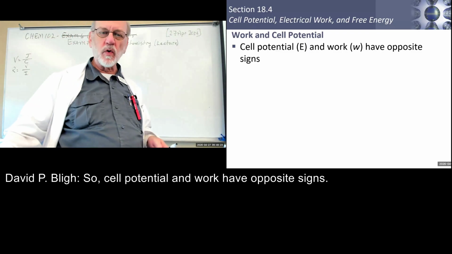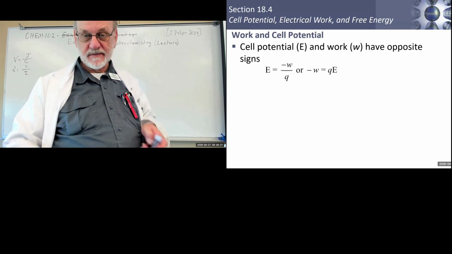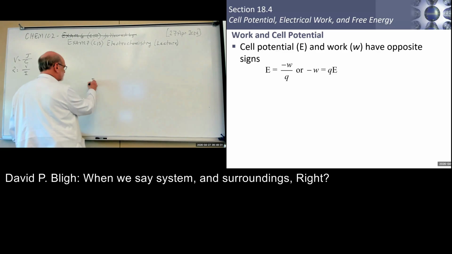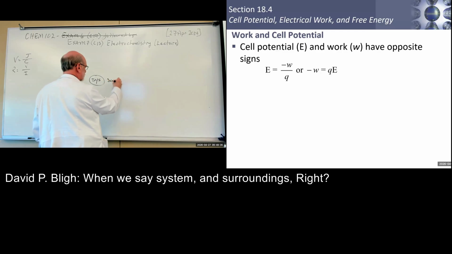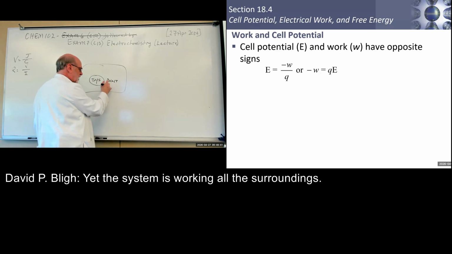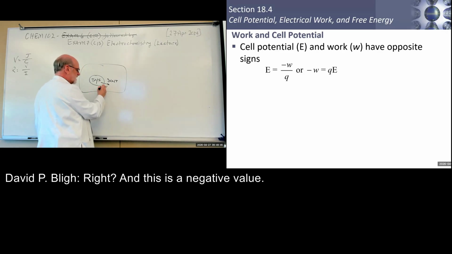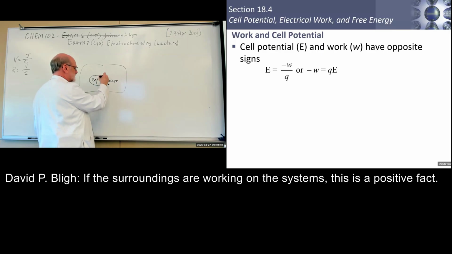So cell potential and work have opposite signs. Remember, when we say system and surroundings, right? If the system is working on the surroundings, then this is a negative value. If the surroundings are working on the system, this is a positive value.